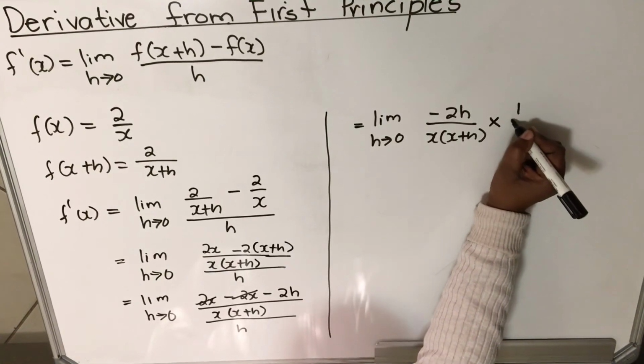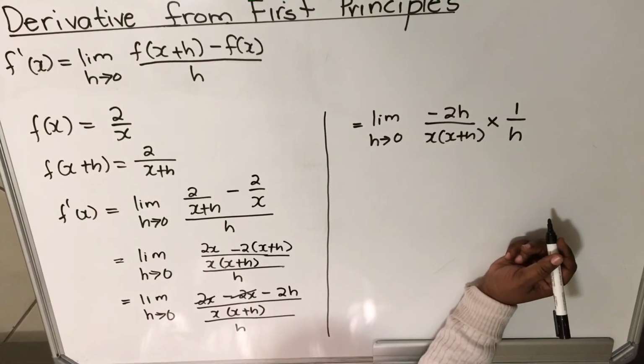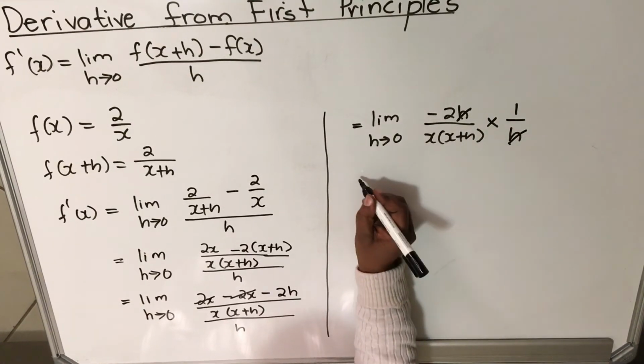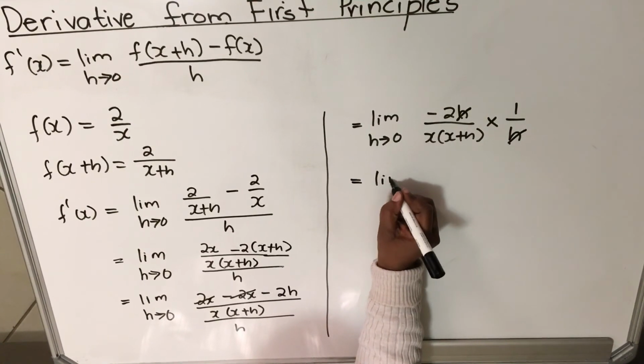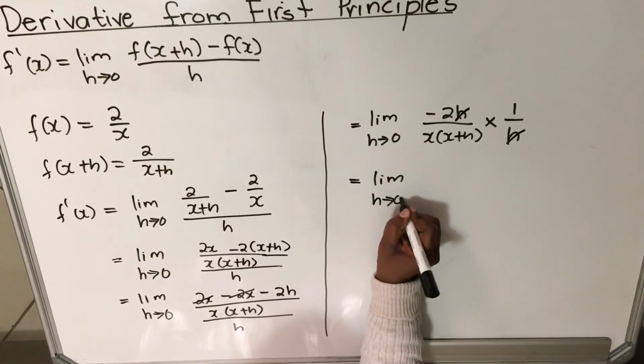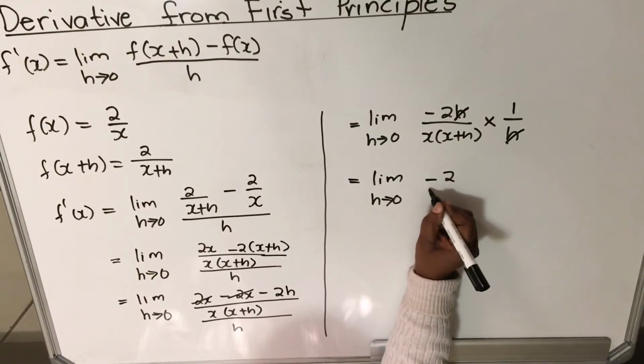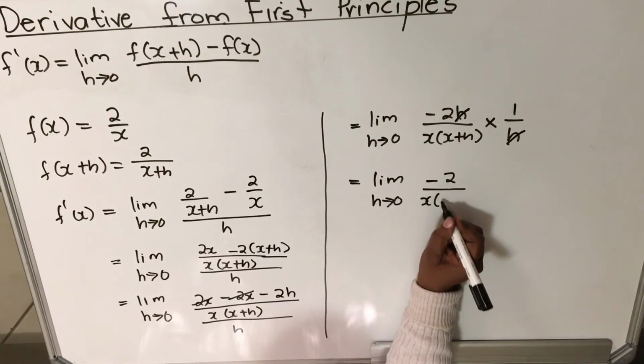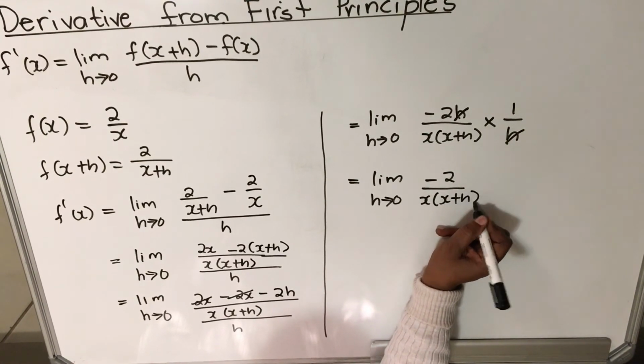So my fraction was h, it's going to be 1 over h. So that will cancel that. I'll be left with limit as h tends to 0, minus 2 over x into x plus h.